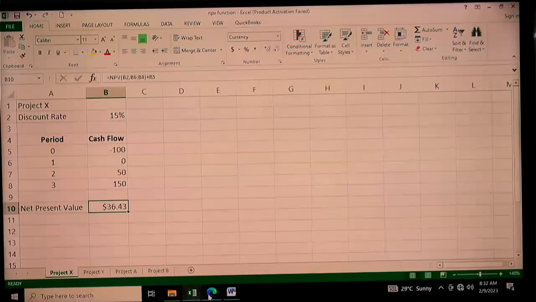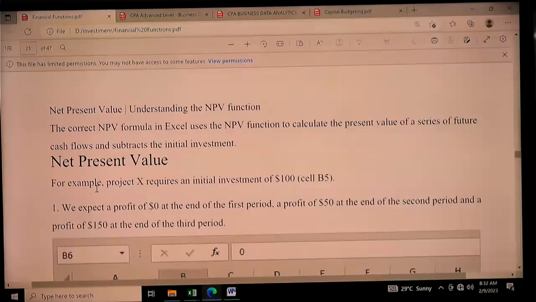So from this discussion, we are told, David, that Project X requires an initial investment of $100. We expect a profit of 0 at the end of the first period, a profit of 50 at the end of the second period, and a profit of 150 at the end of the third period.